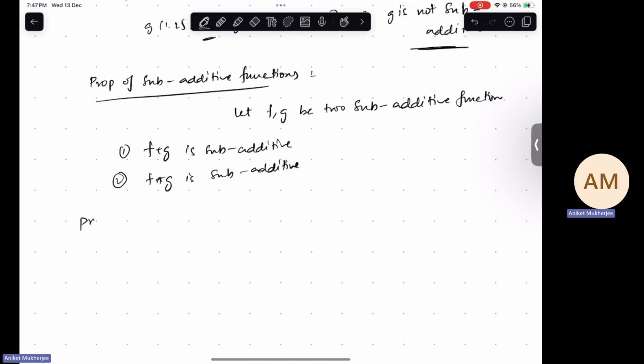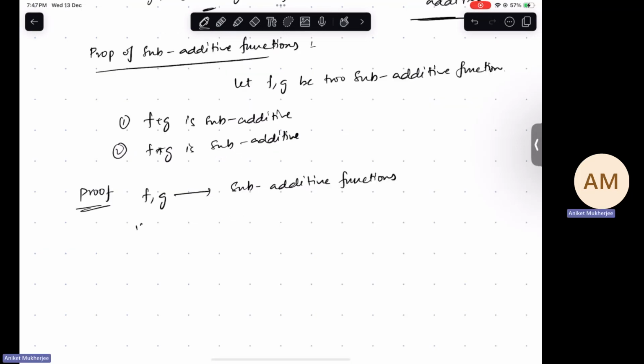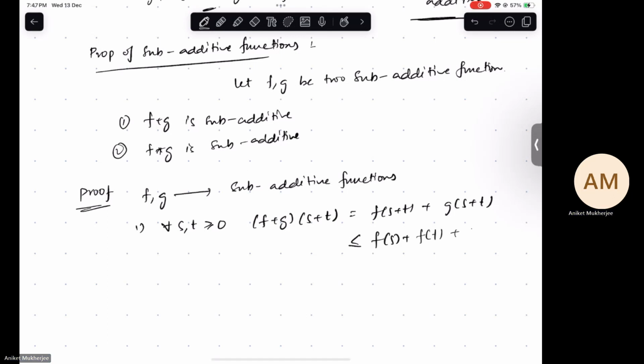So we'll do the proof. f comma g, these are subadditive functions. For all s comma t greater than or equal to 0, we are calculating f plus g at s plus t. This is f of s plus t plus g of s plus t. But since f is a subadditive function, this is less than or equal to f of s plus f of t plus g of s plus g of t.